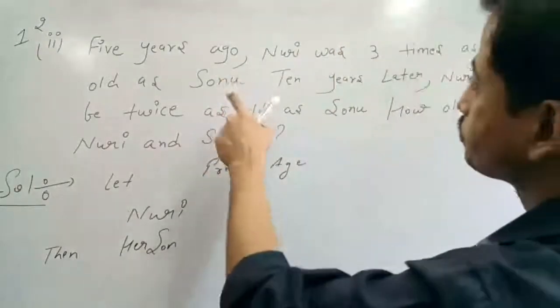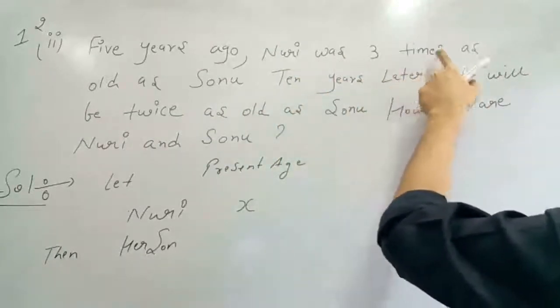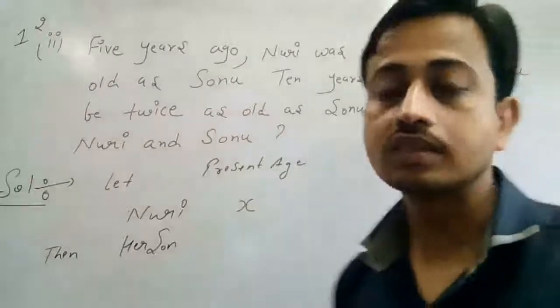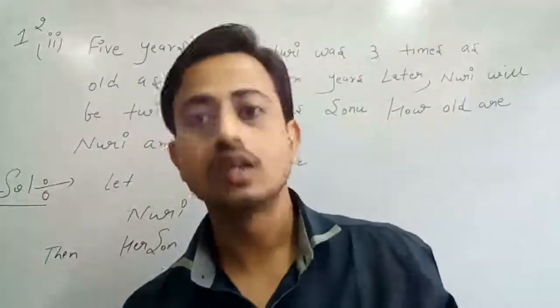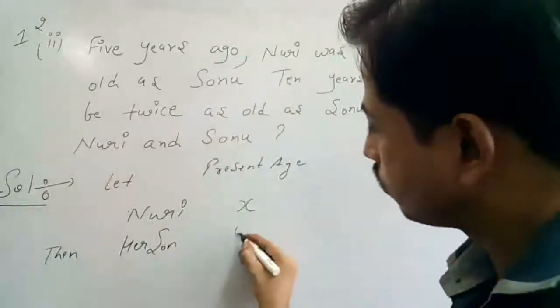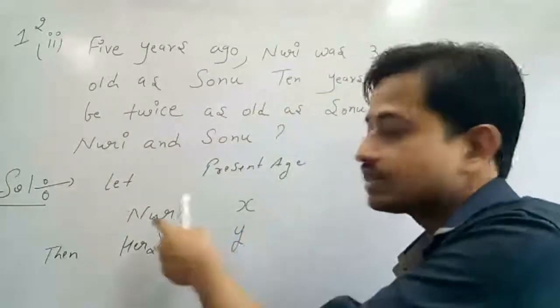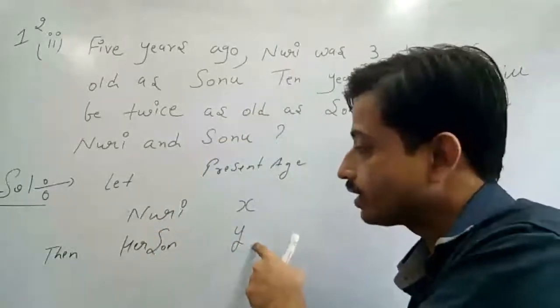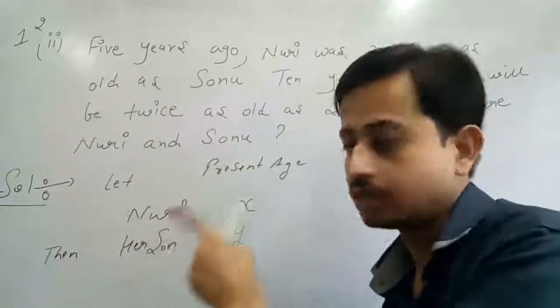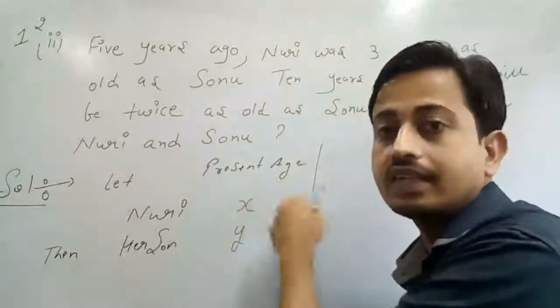Look at this. Noori was 3 times as old as her son, but we don't know the age of her son either. So I am going to make it Y. X is the age of Noori and Y is the age of her son. Now this is the present age.